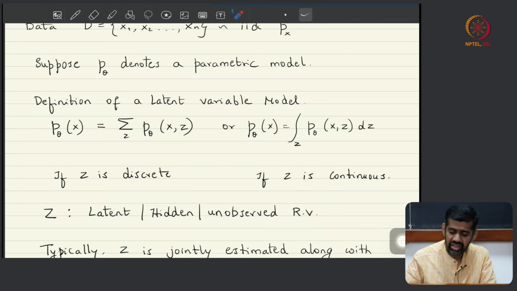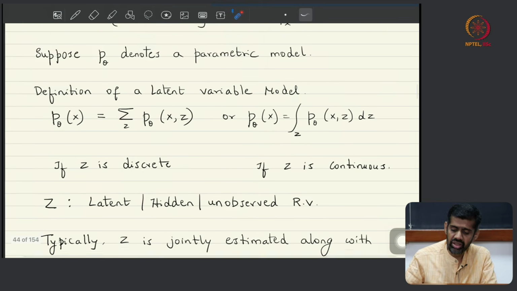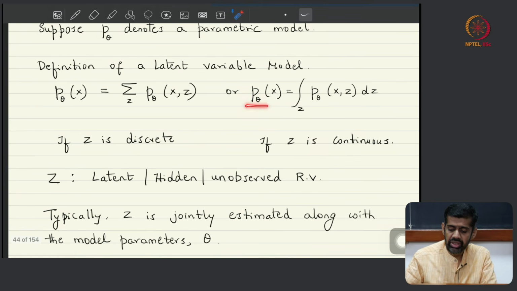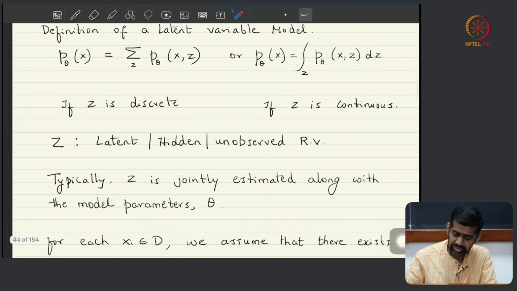If it is discrete, then the marginalization involves a sum. If it is continuous, then it is an integral. So, definition of a latent variable model is that p theta of x is taken to be a marginal over the joint distribution between the observed data x and a hidden variable z. So, that is the definition of a latent variable model.